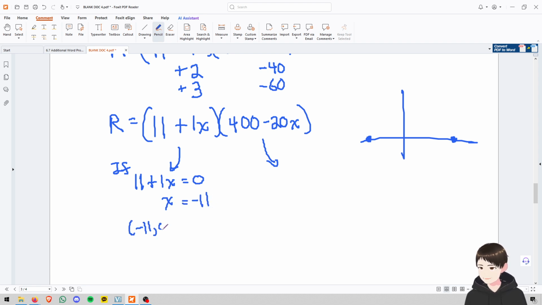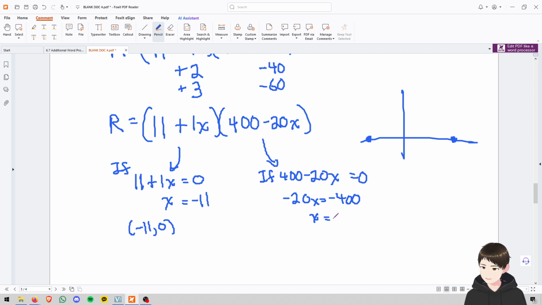That is one of my x-intercepts. If 400 minus 20x is equal to 0, then negative 20x equals negative 400, and x equals 20. 20 and 0 is my other x-intercept. Okay, so that's negative 11, and that's 20.